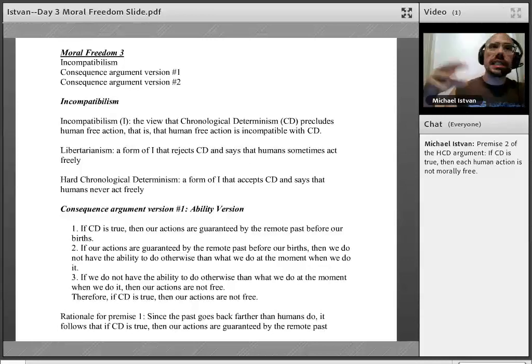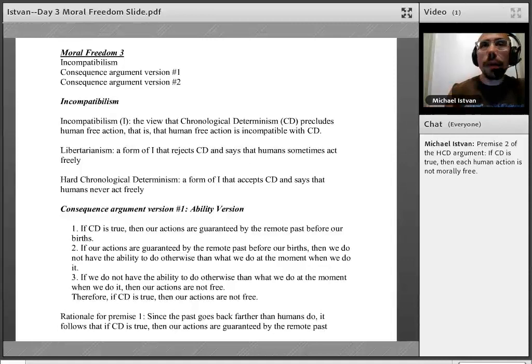Incompatibilism is agnostic on the first premise of the HCD argument. In other words, some incompatibilists say that chronological determinism is true. Those are called, by the way, we already know what they're called, hard chronological determinists. Okay, and there's other incompatibilists that say premise one is false.